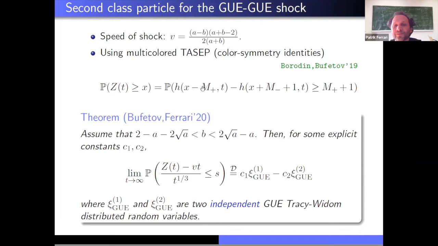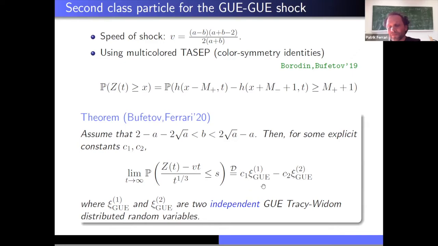The important point is that these are all of order t, which means you look at the height function at positions which are very far away. If they are very far away, they will be decorrelated. And this is the reason why under scaling, the limiting distribution of the second class particle is a difference of two independent GUE Tracy-Widom distributed random variables.